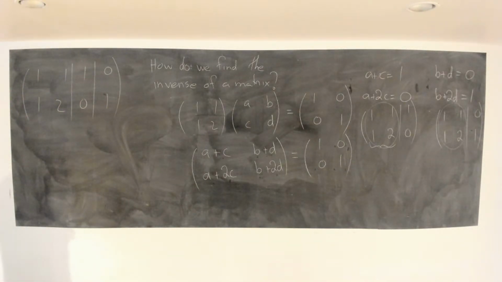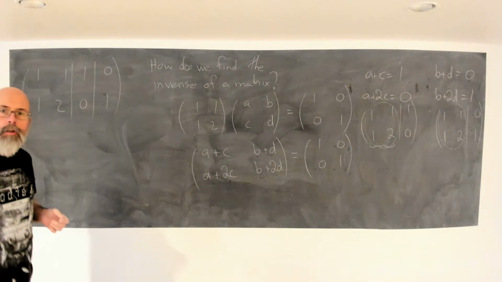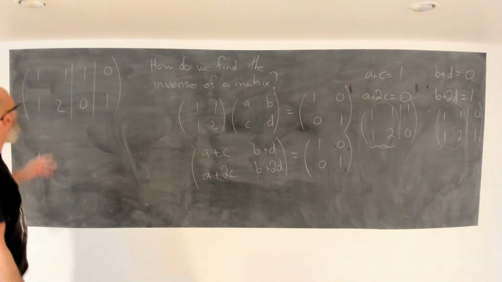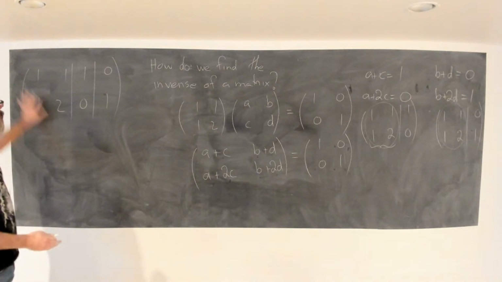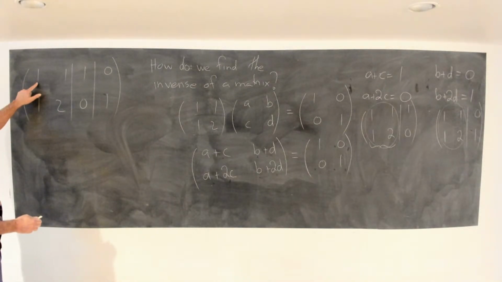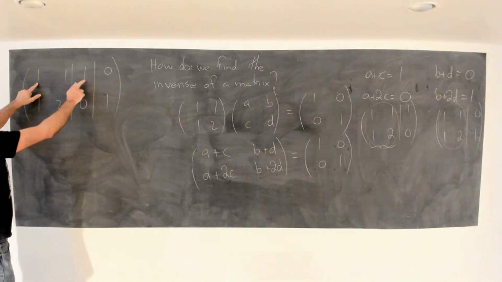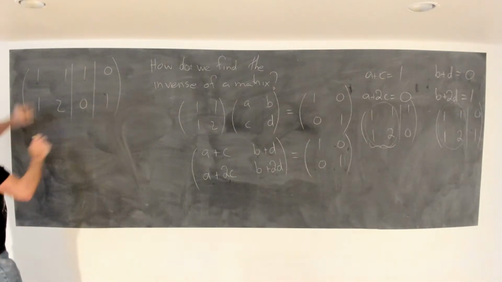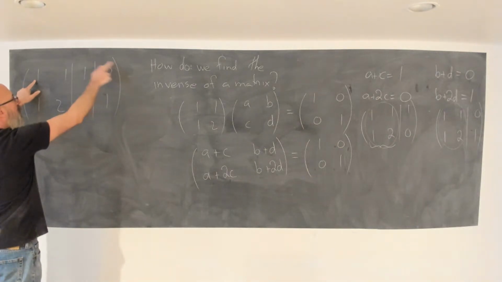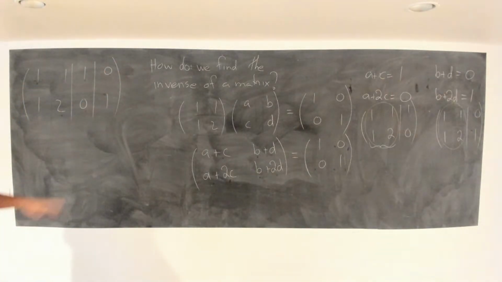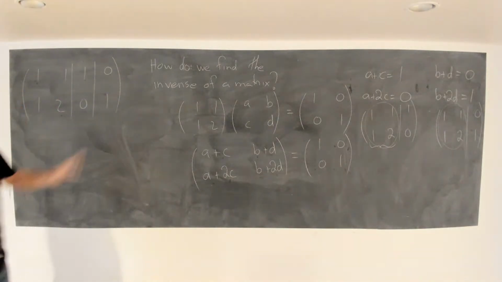It seems like the smart thing to do. And when you row reduce this to reduced row echelon form, if this is the 1, 0, 0, 1, then A will be this, C will be whatever's here, and then B will be whatever's here, and D will be whatever's there.